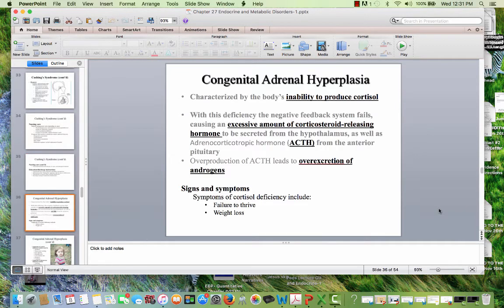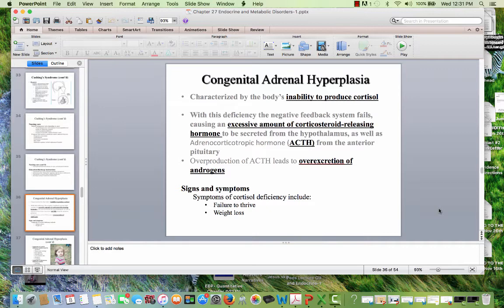Okay, our next one is congenital adrenal hyperplasia, which is also CAH. It is the inability to produce cortisol in the adrenal glands, and then excessive amounts of corticosteroid releasing hormones and adrenal corticotropic hormones. Hyperplasia of the adrenal gland develops, and then the end result is excessive androgen production from the adrenal glands.